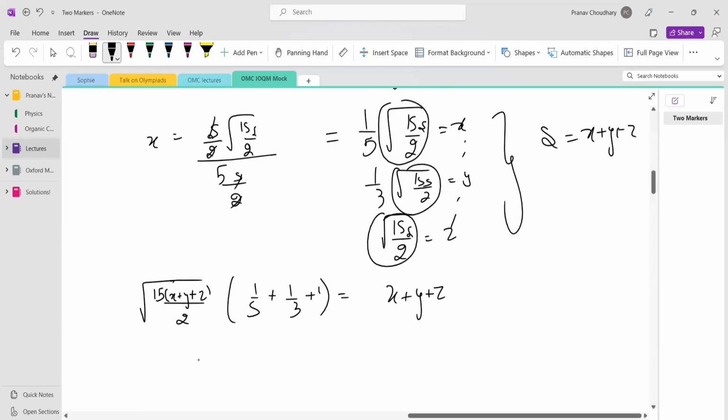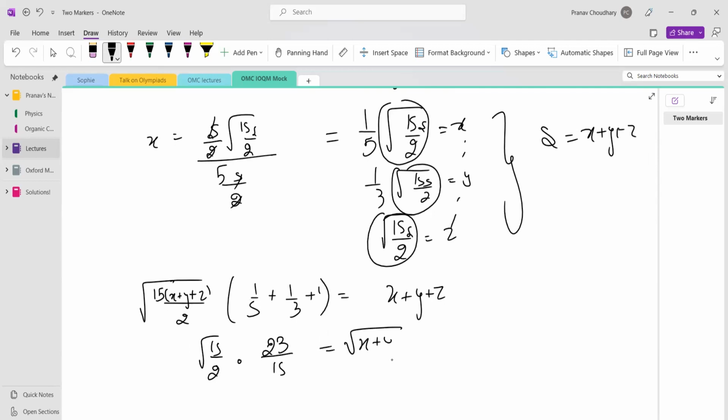So this becomes under root 15 by 2 times 23 over 15 equals under root x plus y plus z. So x plus y plus z is 15 over 2 into 23 square over 15 square, which is 23 square over 30.